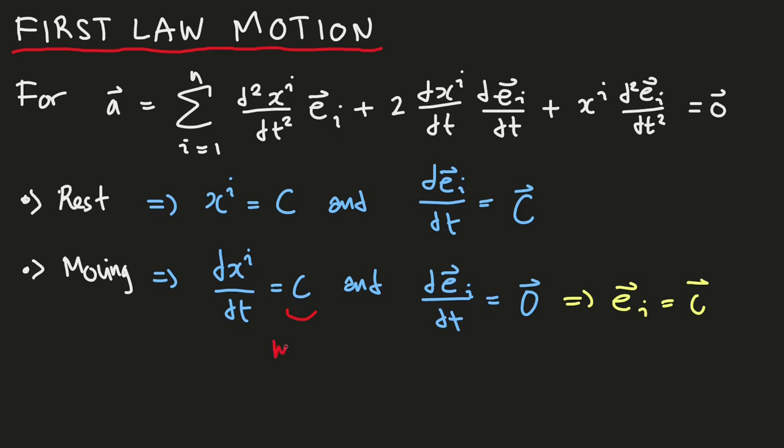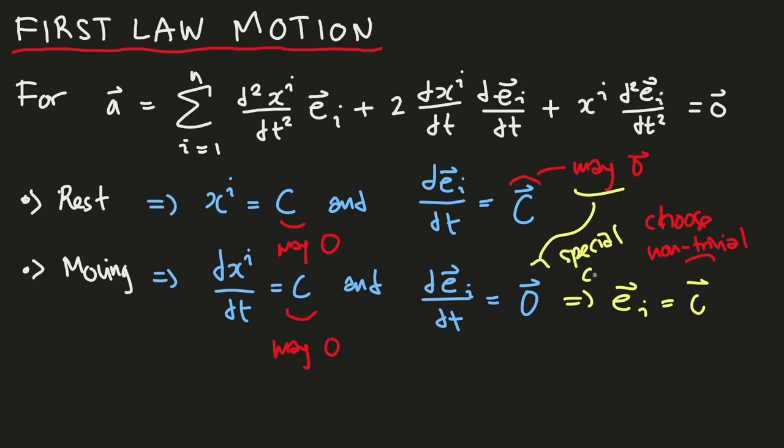In this condition, the first derivative of each component may be non-zero, since in the beginning we chose our basis to be non-trivial, which means non-zero vectors. And for the earlier condition of a resting object, which may be at the 0, 0 point or origin, the first derivative of our basis is a zero vector. It creates a special case the same as the moving condition.